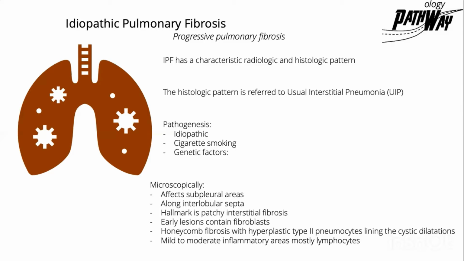It is also characterized, on gross and microscopic appearance, by honeycomb fibrosis, with hyperplastic type 2 pneumocytes lining the cystic dilatations that we will see. We may also see mild to moderate inflammatory areas, mostly lymphocytes.